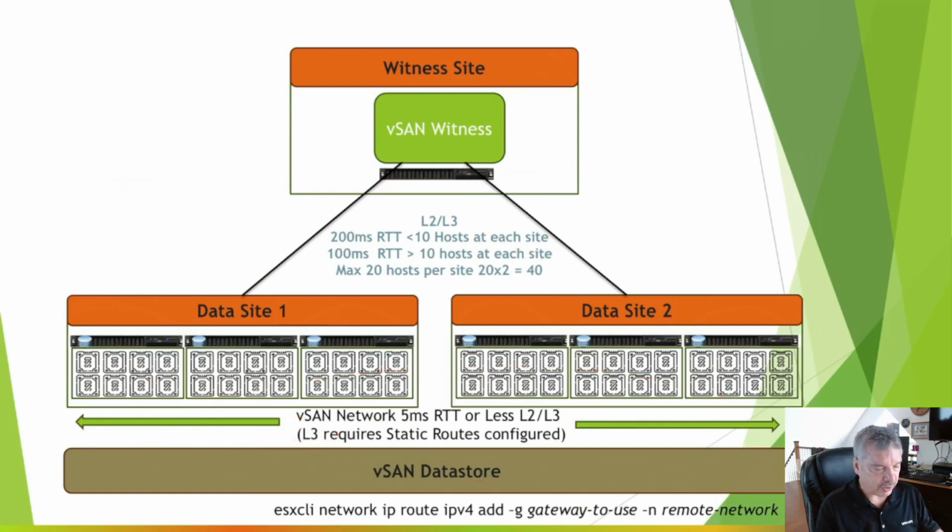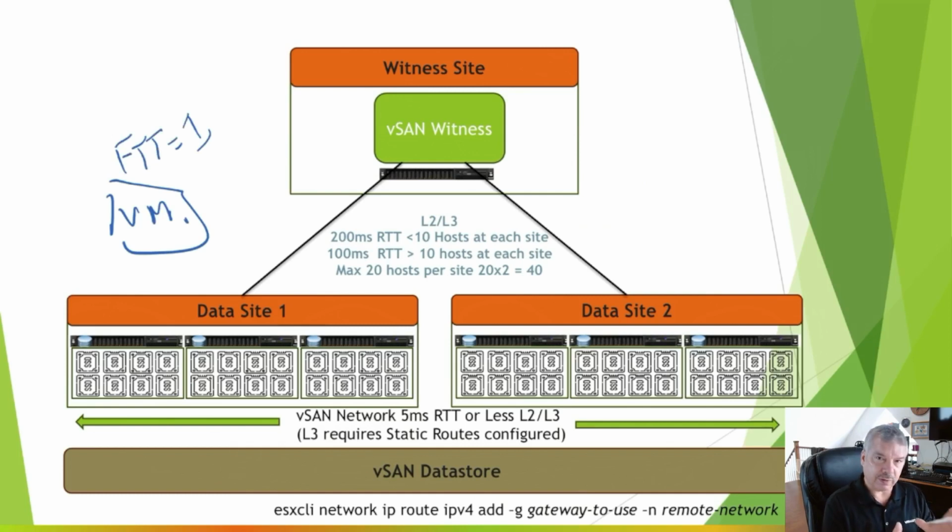So the whole advantage here is, again, we're going to have our VM, and we're going to be putting components. Right, so I'm going to have a VM here running on this site, let's say, and maybe I'm going to do a failure to tolerate equals 1, and I'm going to be doing mirroring. So with the advantage of stretch clusters, you can do site mirroring.